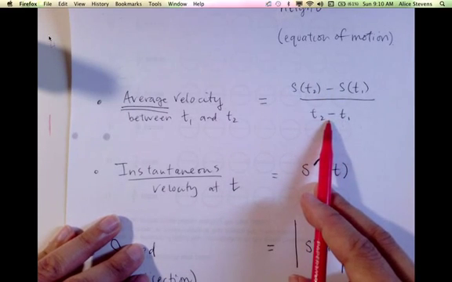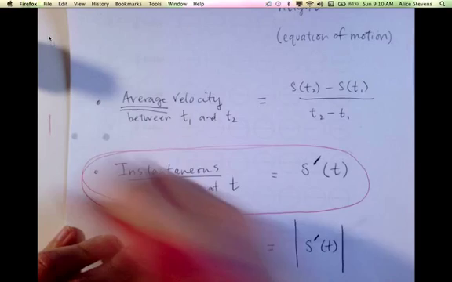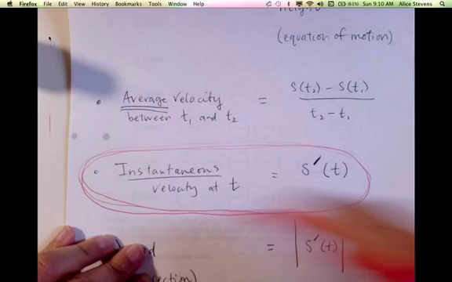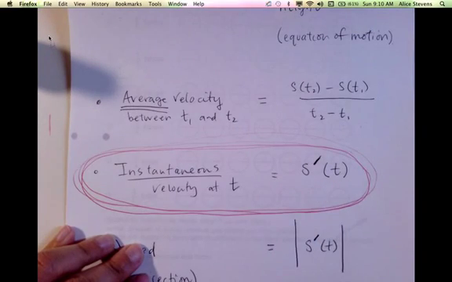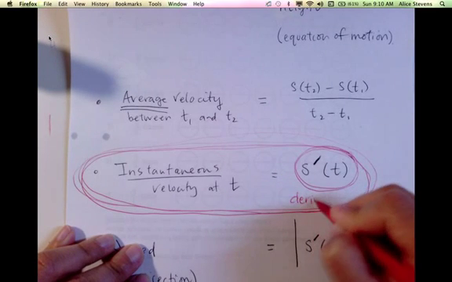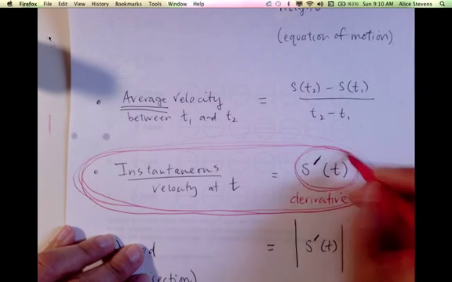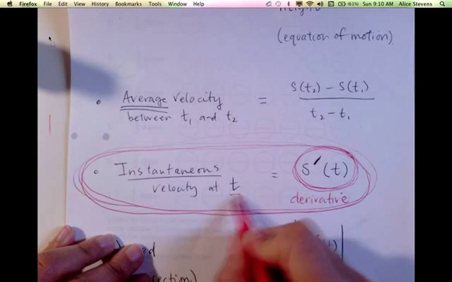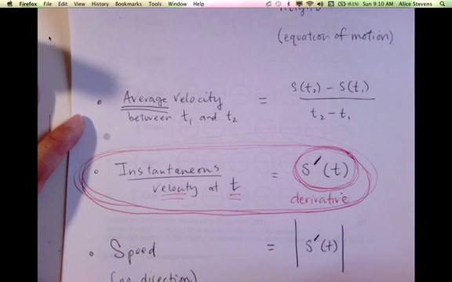Now the new thing that we can compute is the instantaneous velocity, which is the velocity at a moment in time. This is given by the derivative of the equation of motion, or the position function. So just take the derivative at t if you're ever asked to find the velocity. It's that simple. You're really just being asked for the velocity.